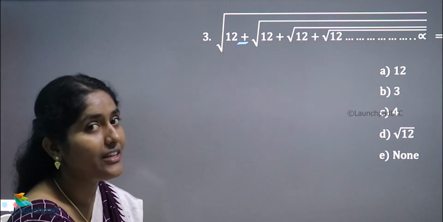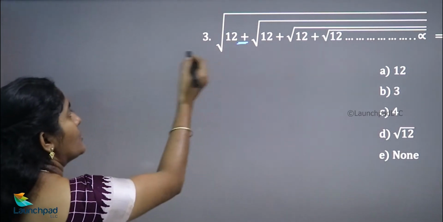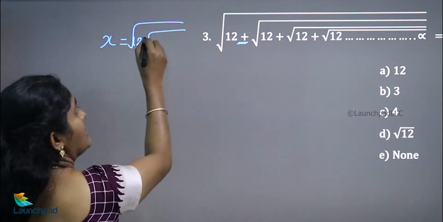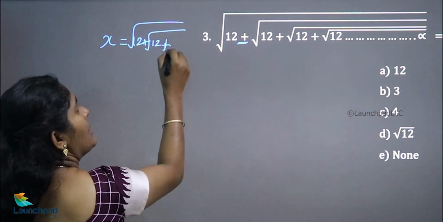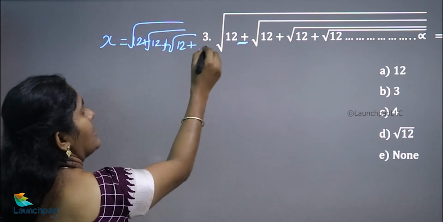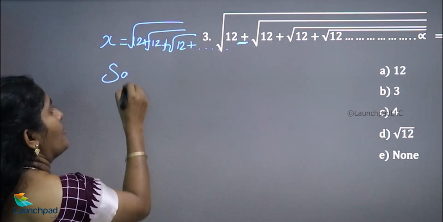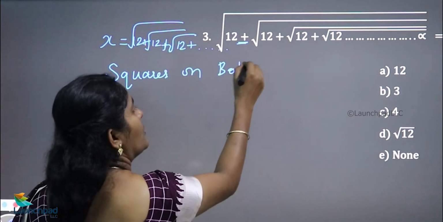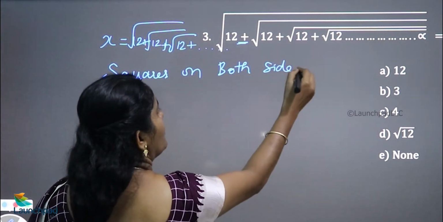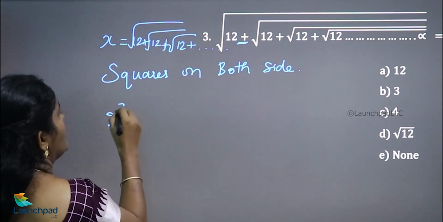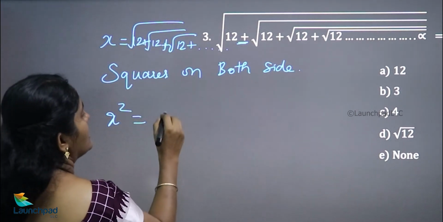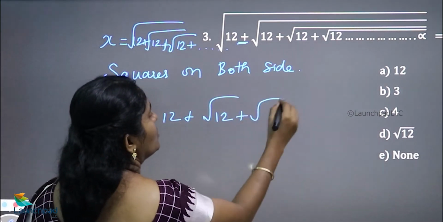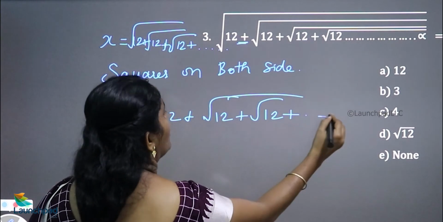So x is equivalent to root 12 plus root 12 plus root 12 plus and so on. Squaring on both sides, I tell you the procedure first. x square is equivalent to, the root is cancelled, 12 plus root 12 plus root 12 plus, and it goes on like this.